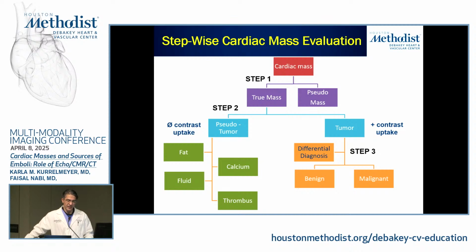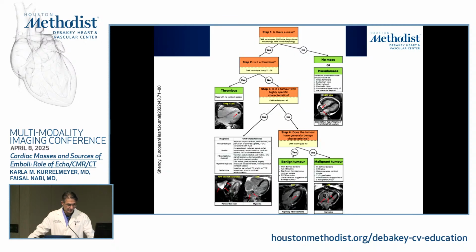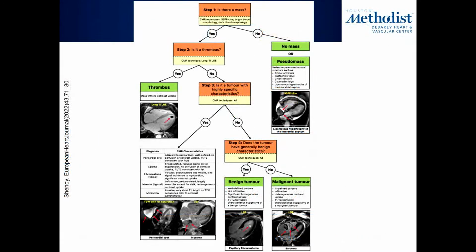And then the third is to try to create a differential diagnosis of whether this lesion is benign or malignant. So this was just a paper that was published in the literature that kind of had their own way of creating questions that you ask yourself when doing a mass, but very much the same kind of concepts. But they went a little bit into some features of benign and malignant tumors.